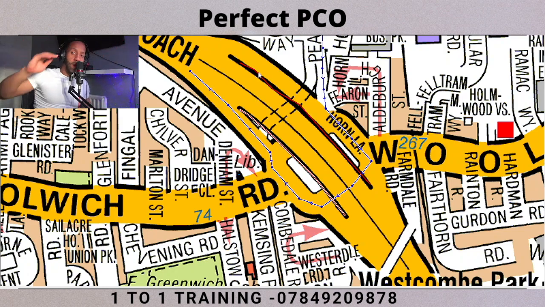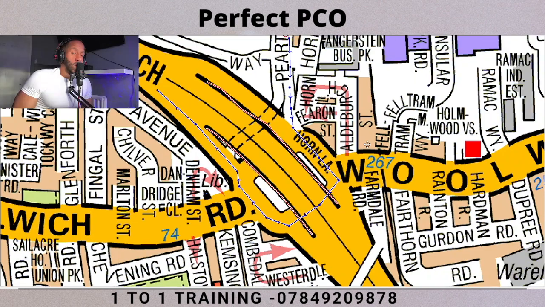So when that one starts going up like that, on our route with the blue line, we're coming underneath it in this direction. We're coming underneath it and we're turning right, and then we're joining the southern approach of Blackwall Tunnel. So that was just a little short video on the tricks and misconceptions of the PCO topographical test.